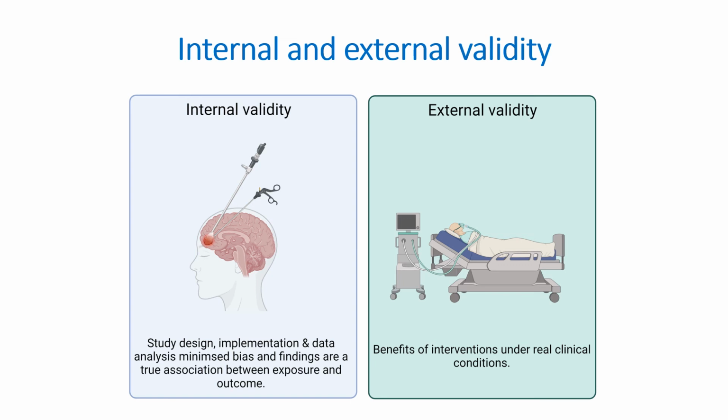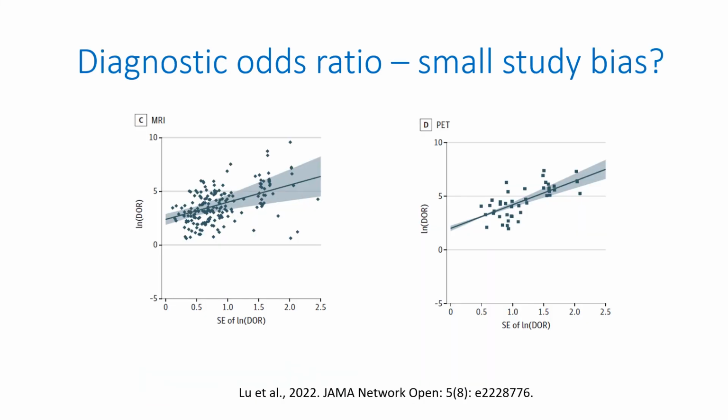Both have pros and cons. With internal validity, there are no confounding factors and you know exactly what you are dealing with, whereas with external validity, there are lots of other interventions that can have an impact. Small study bias is a problem, and definitely the more patients you include in your study, the better the statistical analysis.